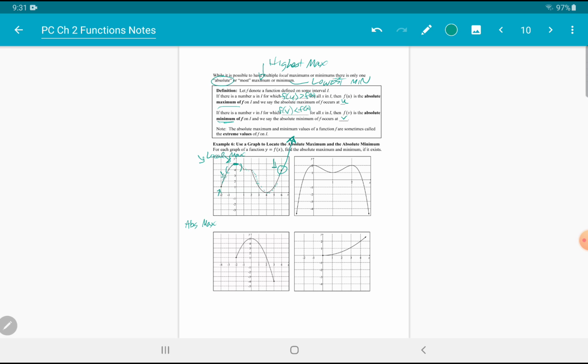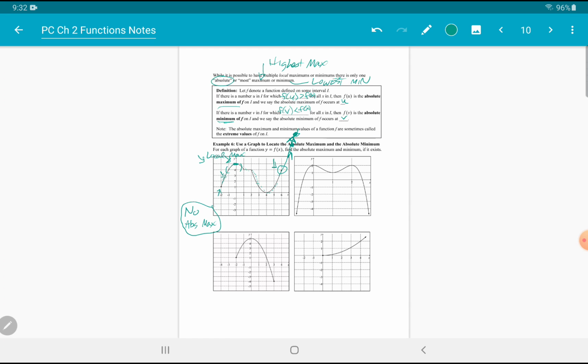As we go further to the right, we don't have a maximum occurring over here because whatever point you choose, there's always going to be something a little bit higher a little bit more to the right. So if this keeps going up and up, you're not going to have an absolute max. There is no absolute max in this problem. We have a local max. The local max occurs at 0, 5, but there is no absolute maximum.